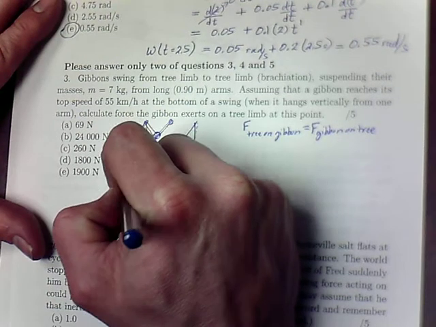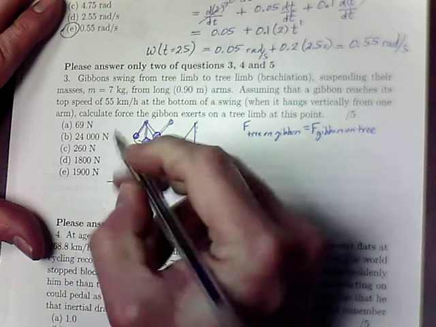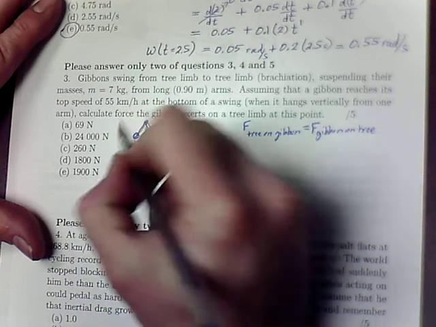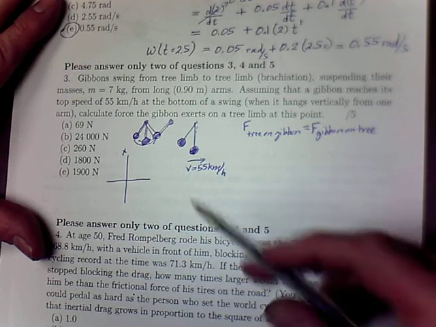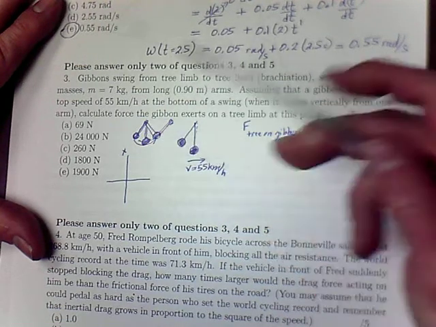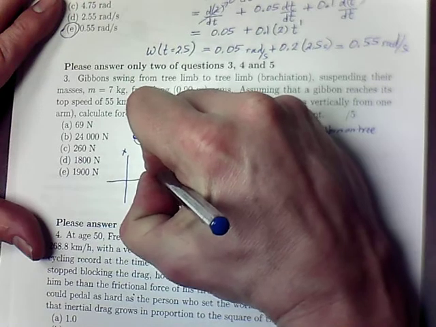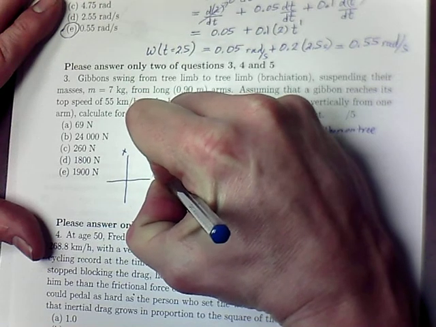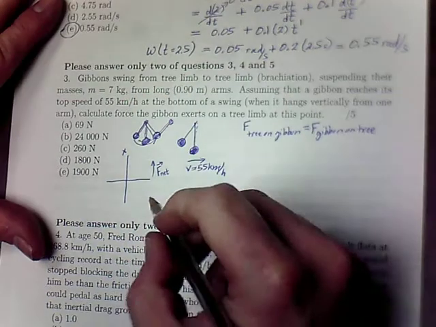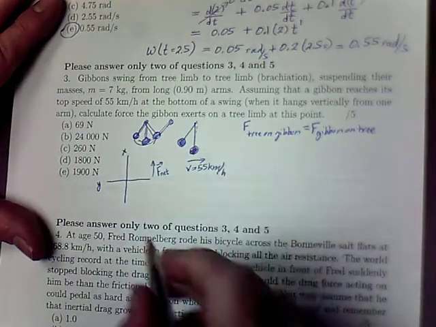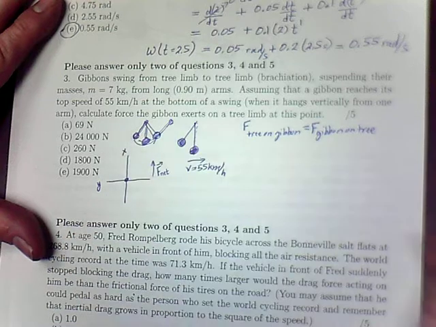So if we draw a free body diagram for this problem, we have our x direction pointing upwards towards the tree. That's the direction that our acceleration is to remain in circular motion. Our net force we would expect to be upwards then, so that we have this gibbon in circular motion. Might put a y-axis there, put a dot to represent our gibbon.